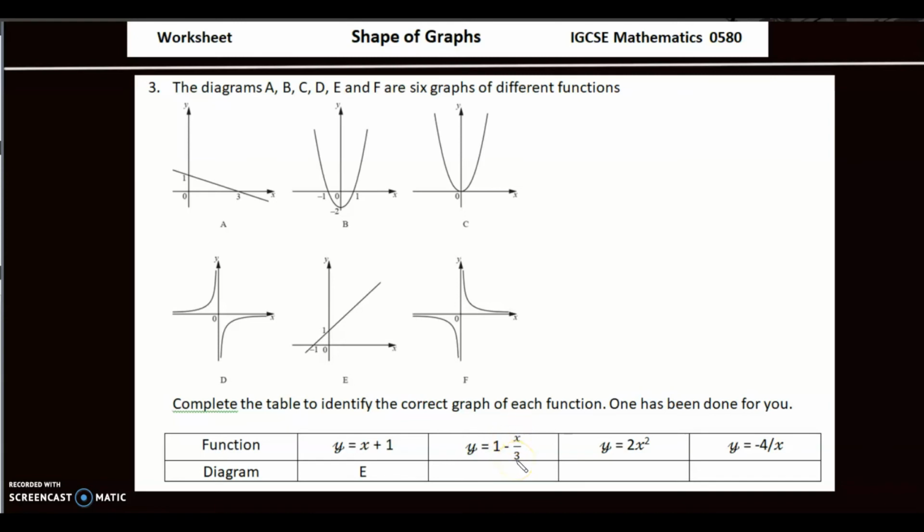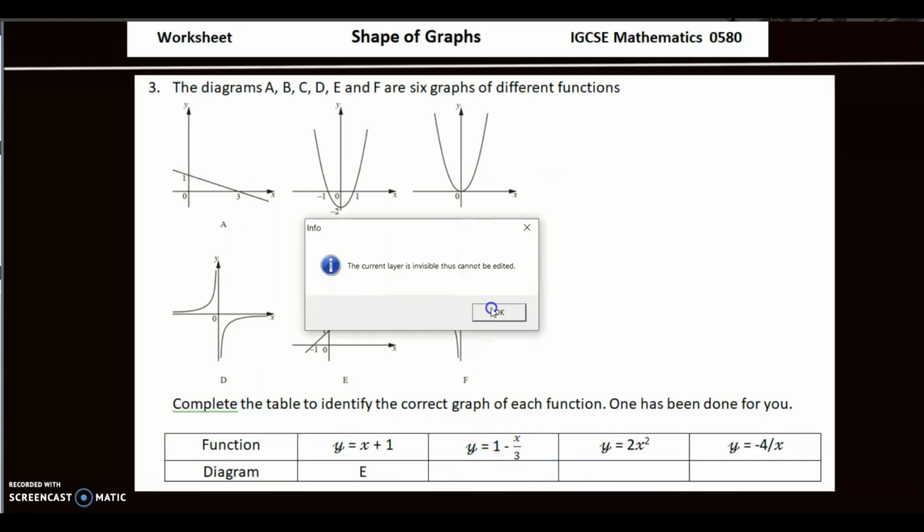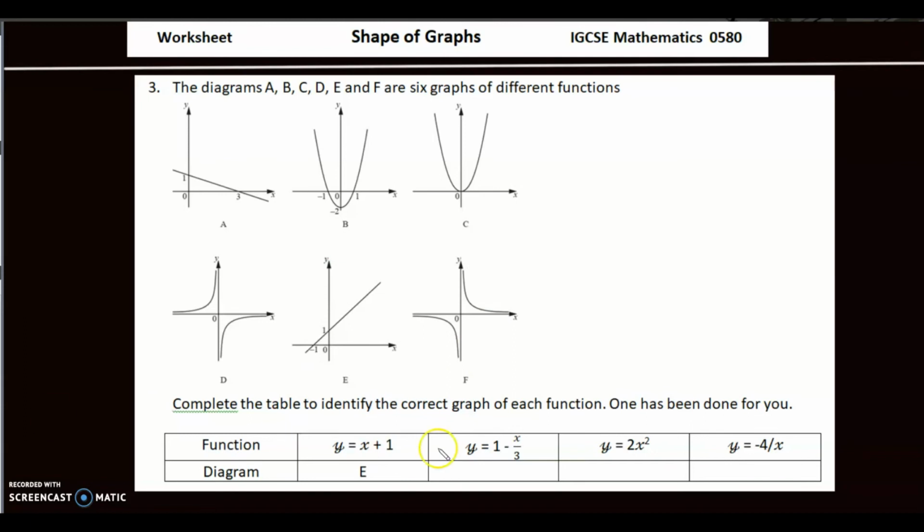So we're looking for a falling line, since the slope is negative 1 upon 3, where c, the y-intercept, is 1. So here's the falling line, whose slope is negative and c is 1. So the answer for this should be A.